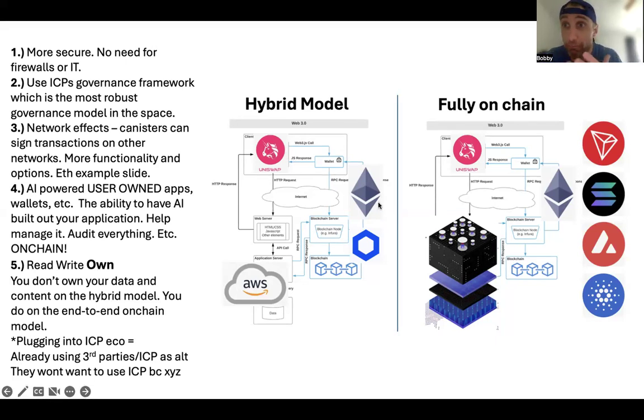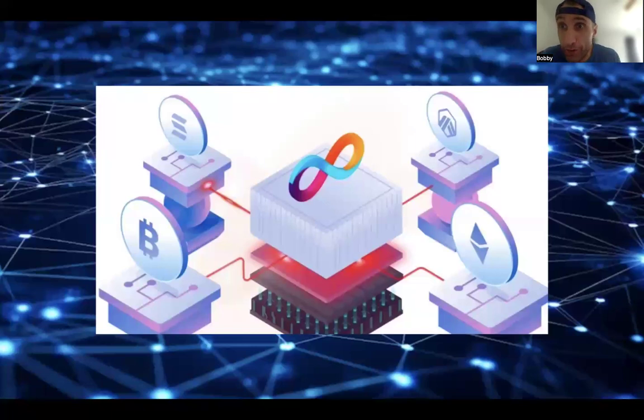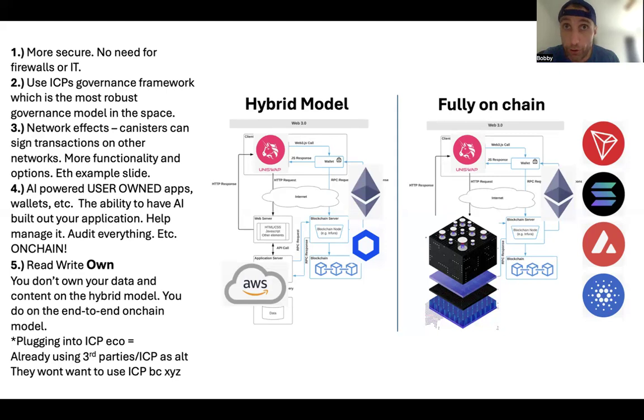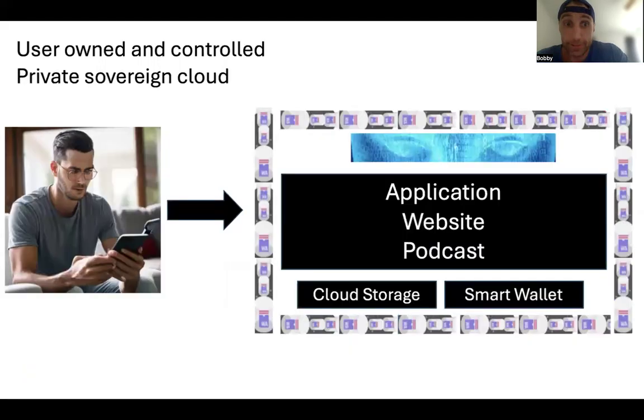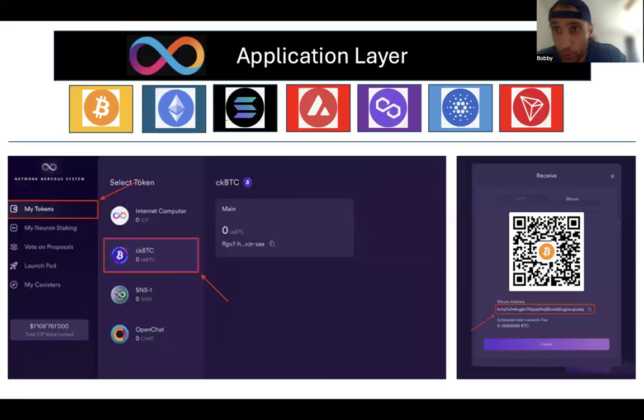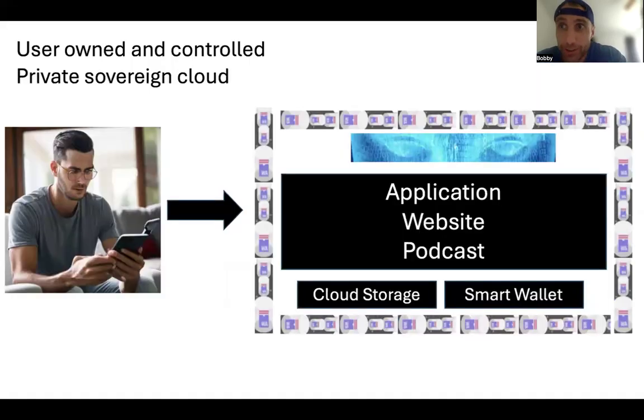You put an end-to-end governance model in place. You connect yourself to every single other ecosystem. You can now have artificial intelligence embedded in your solution to start automating a lot of things that you're currently paying developers for. And you actually own it. If you're the founder, you own it. You're not at the mercy of big tech anymore. You're on an open public network that has governance at the network and the application level.